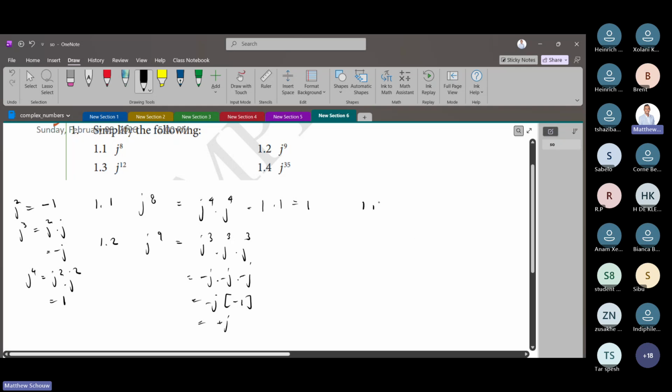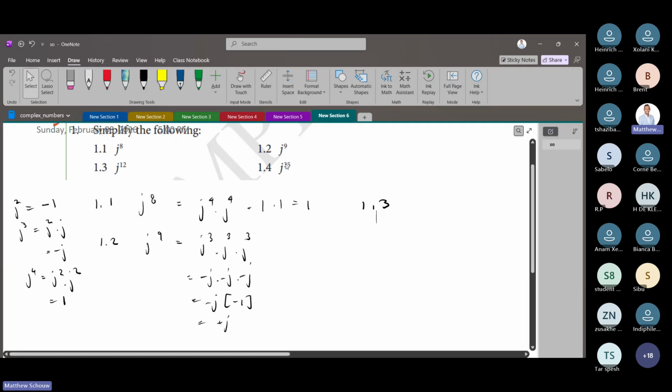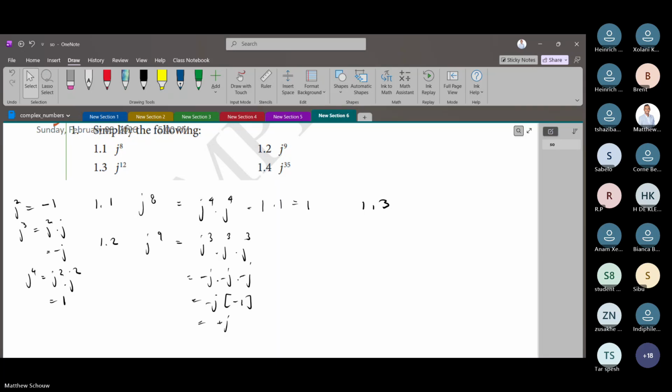So what you guys should try is 1.3 and 1.4. Now remember, you want to break it down to terms that you're aware of. For J35, you just have to be smart about how you break this up. 12 could be 4 and 3. You have many options. But normally try to work with J squared. It's the easiest one.